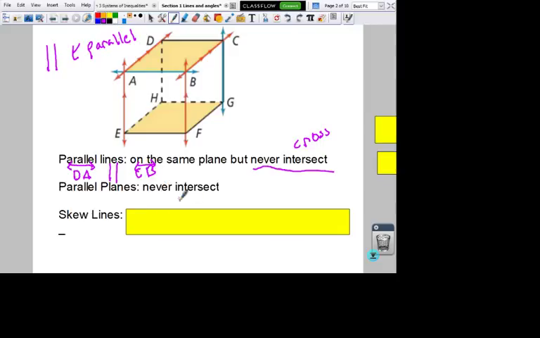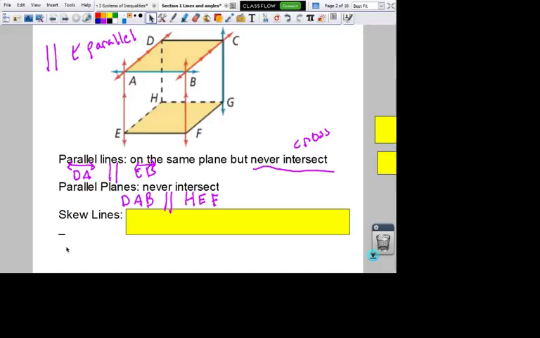I can write that basically like before. Plane DAB. Remember, for planes, you just list three letters. DAB is parallel to this bottom one right here, HEF. So those are parallel planes.